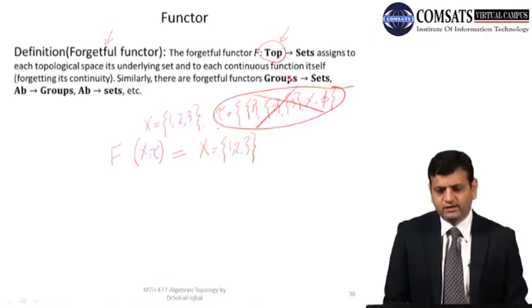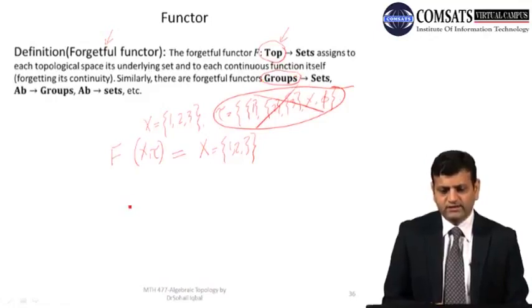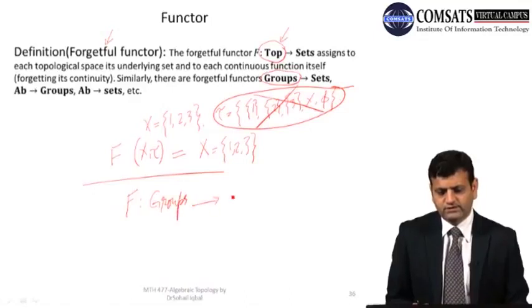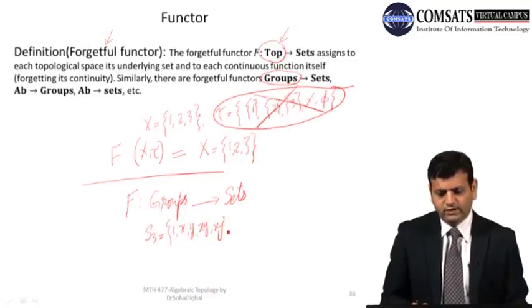Similarly, if we are taking groups and you are defining a forgetful functor, then it will forget the group structure of these groups. So for example, if F is a functor from the category of groups to the category of sets, and let's say we have S3, the group which is {1, x, y, xy, xy square, y square}.